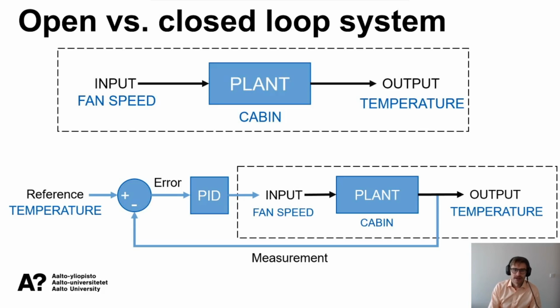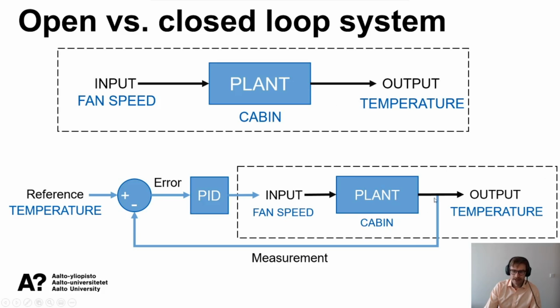Here are also schematics of those two. We already saw this open loop controller before. And then if we look at the closed loop system, it's quite similar. So you sort of have this same open loop system here. This is the same block.